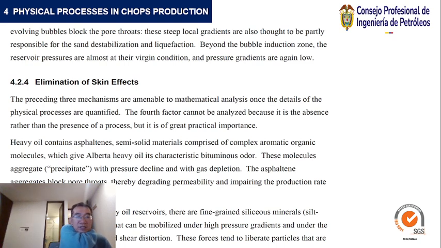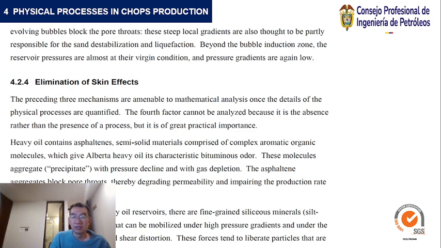In the interstices of typical heavy oil reservoirs, there are fine-grained minerals that can be mobilized under high pressure gradients and under the effect of viscous drag forces and shear distortion.